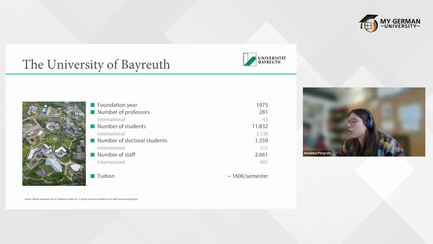Around 1,300 people do a PhD here right now, and 315 of them are international. Other than that, we have around 2,600 people working in the university as technicians or staff for the cafeteria and so on. The tuition is around 160 euros per semester for all degree programs.